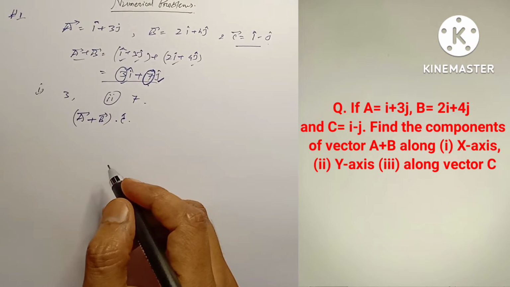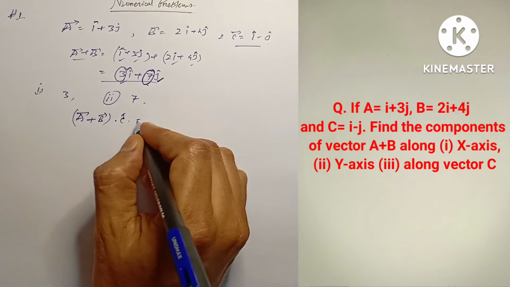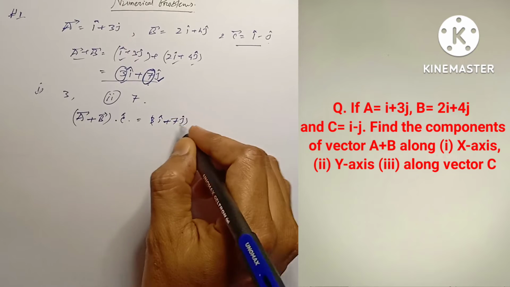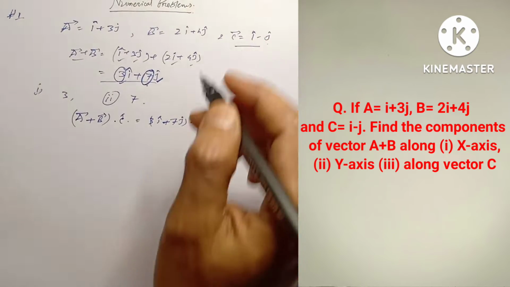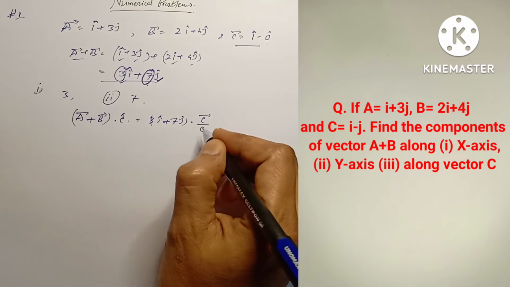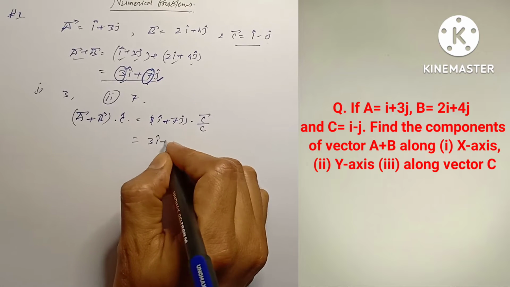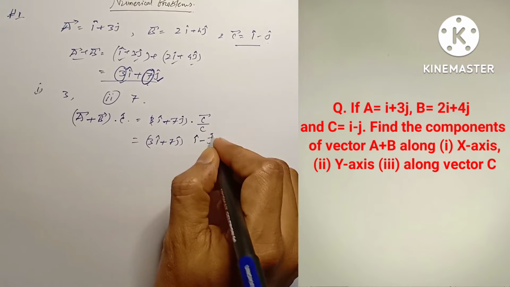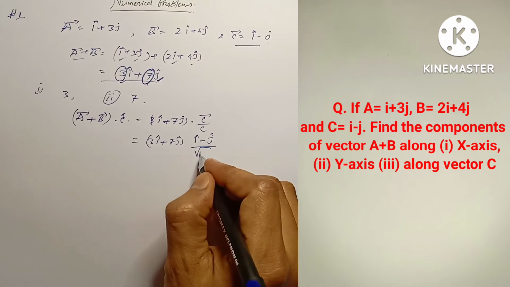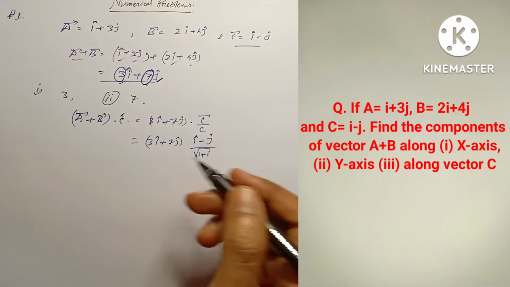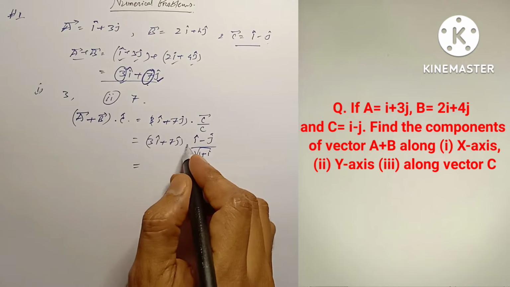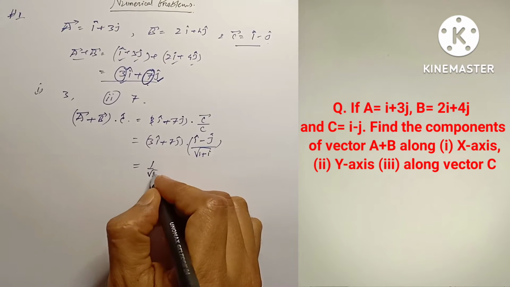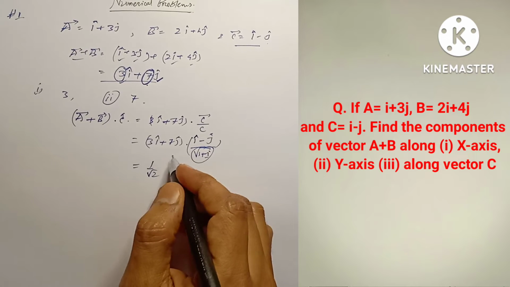Then we get the component along C. So it will be 3i cap plus 7j cap dot C cap, meaning C vector divided by mod of C. So (3i cap plus 7j cap) dot (i cap minus j cap) divided by root of 1 plus 1.